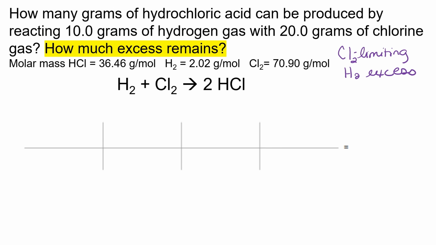So now we need to figure out how much excess remains. Remember that our chlorine is our limiting and our hydrogen is our excess. And we're going to start with our limiting and solve for our excess. So we start with 20 grams of chlorine, and we're going to solve for grams of hydrogen, which is going to be hydrogen used.